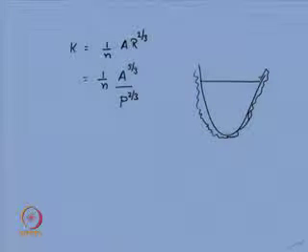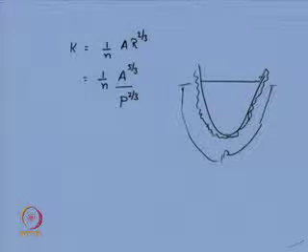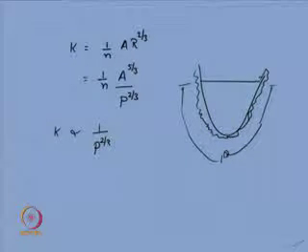Fine. So, whatever wetted perimeter you have, for the cross section, you are seeing that the conveyance is inversely proportional to P to the power of 2 by 3.